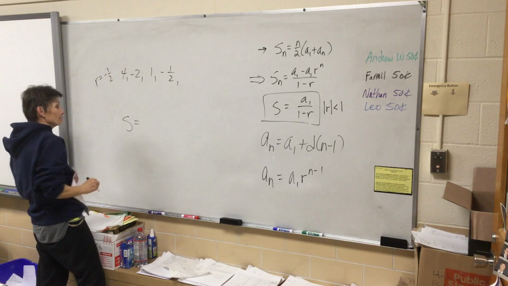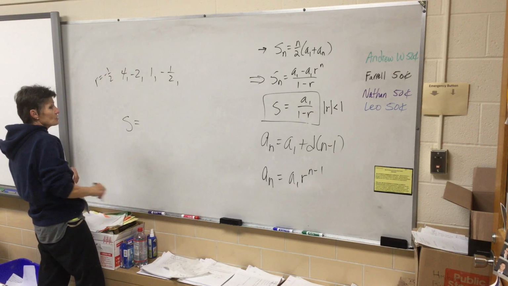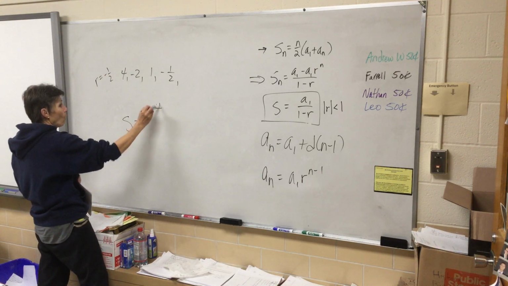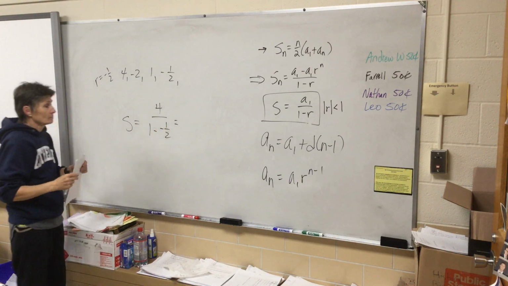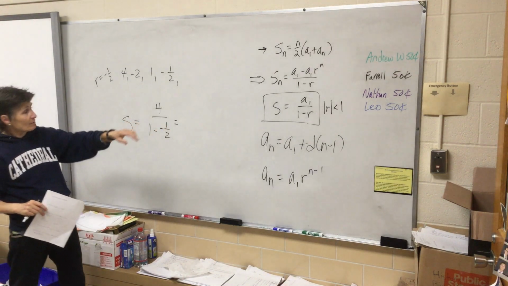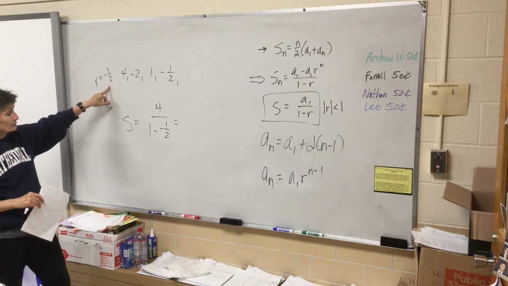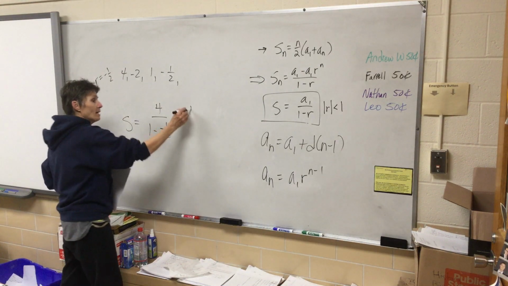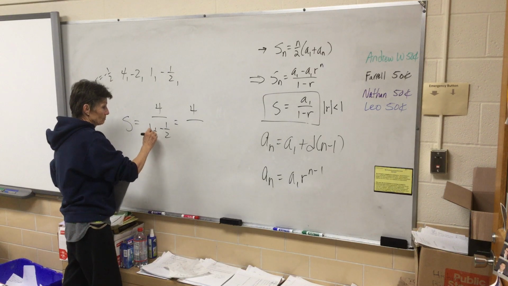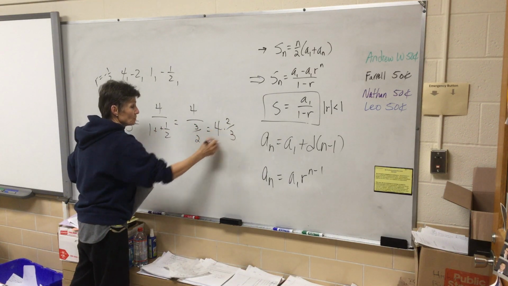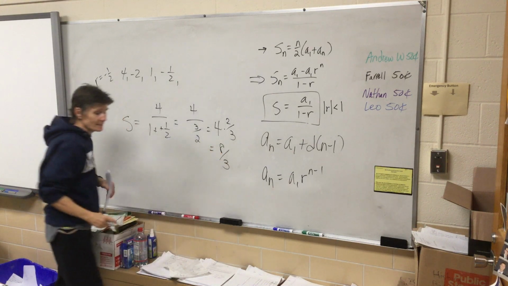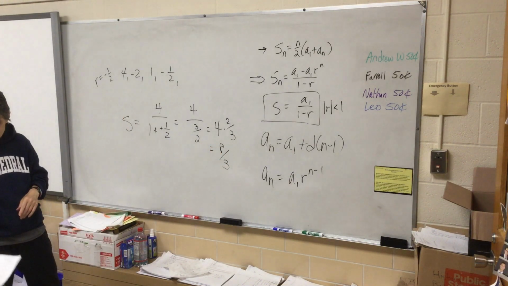Yep, absolutely. So my formula says 4 over 1 minus -1/2. Remember, the denominator is 1 minus r. So that's going to become 4 over 3/2, which is 4 times 2/3. So my sum is 8/3.